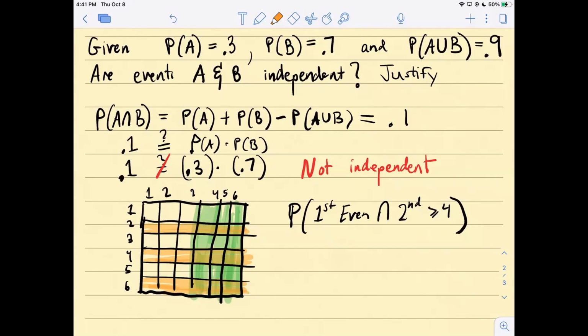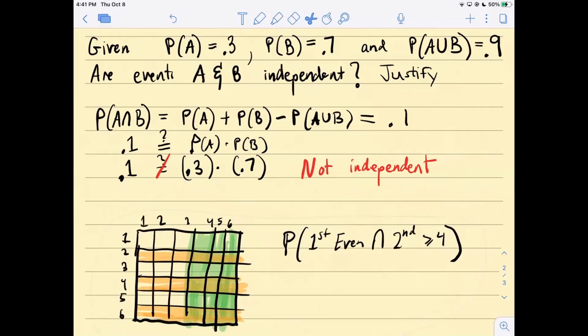So 1/2 times 1/2 is a quarter, which is the 9 squares of the overlap. That's a visualization of how the multiplication rule pans out.